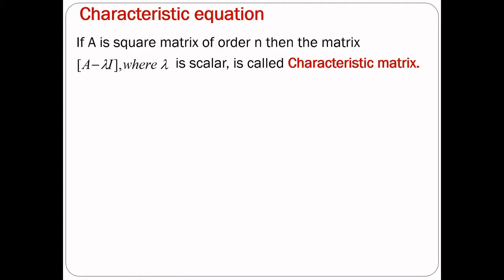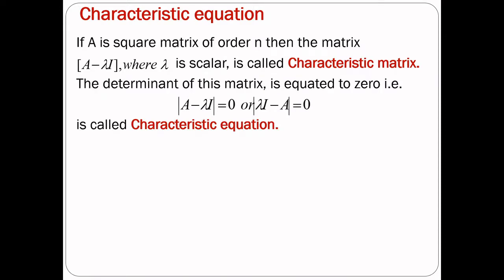But before stating the Cayley-Hamilton theorem, one must know what the characteristic equation is. If A is a square matrix of order n, then the matrix A minus lambda I, where lambda is a scalar, is called the characteristic matrix.